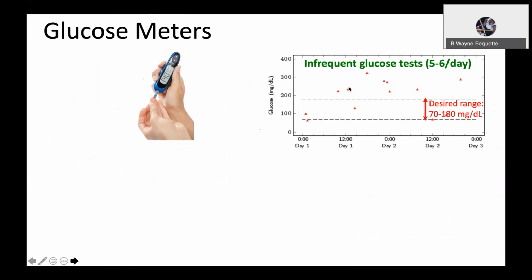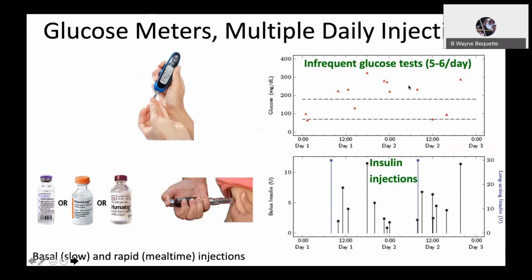You'll notice that a lot of these dots represent glucose tests taken through finger stick measurements, and they're actually outside the desired range of 70 to 180 milligrams per deciliter, which we'd like to have the blood glucose concentration in. So an individual is making infrequent measurements of their blood glucose levels.